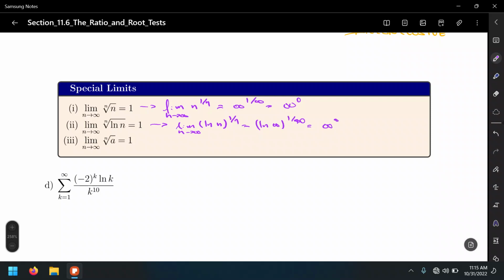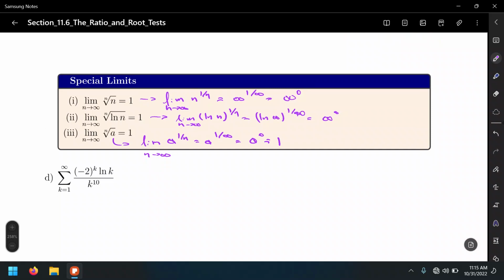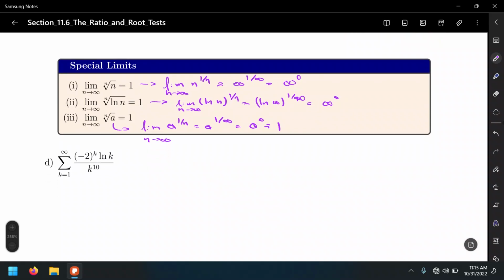But the third special limit is simply the limit of a to the 1 over n as n approaches infinity. That's a to the 1 over infinity, which is a to the 0 power, and any number to the 0 power is always 1. That's the special limit that we used in the third example when we raised 3 to the 1 over n.